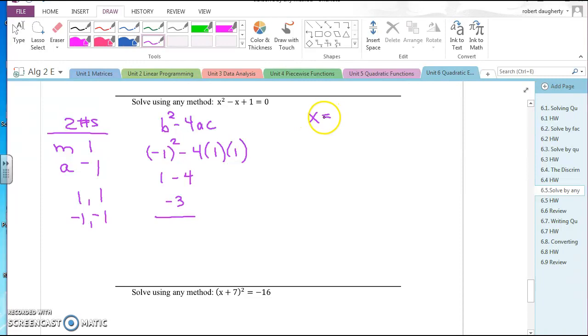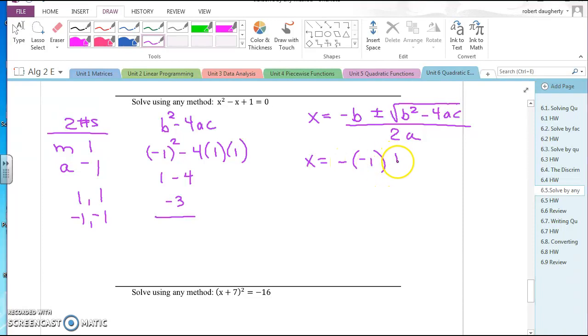So x is equal to negative b plus or minus the square root of b squared minus 4ac over 2a. So x is equal to negative, b is negative 1, so 1, plus or minus the square root of b squared minus 4ac, we already figured that out. That's negative 3. All of that over 2a, which is 2.